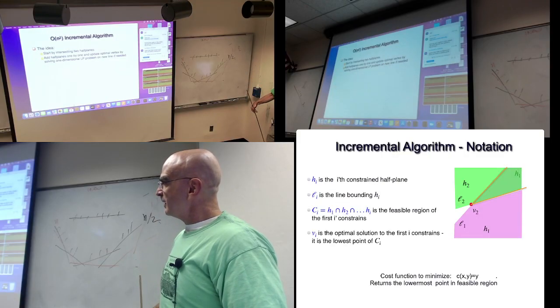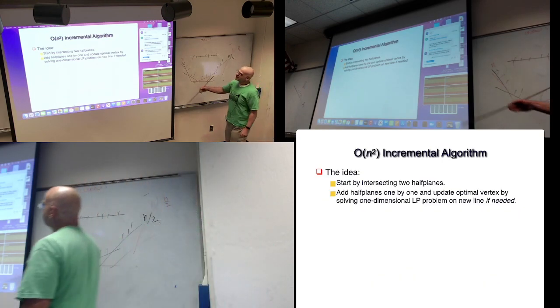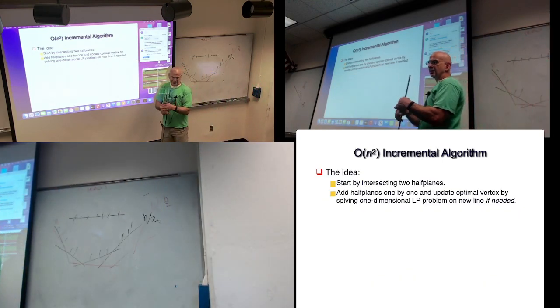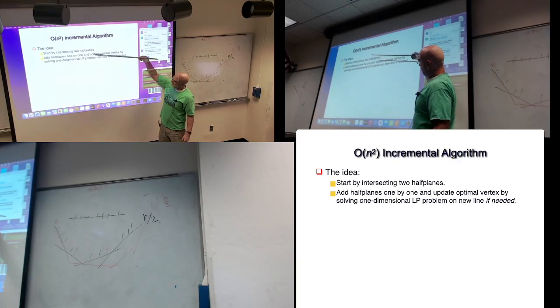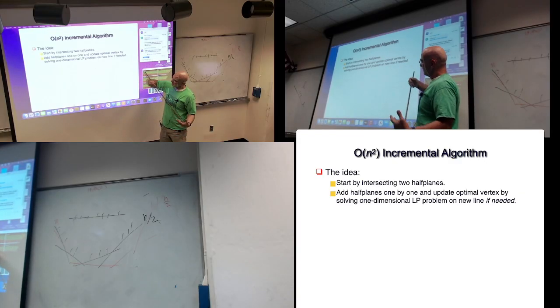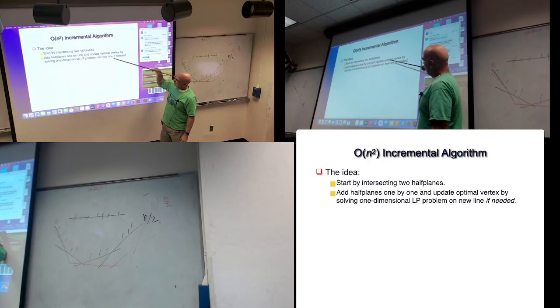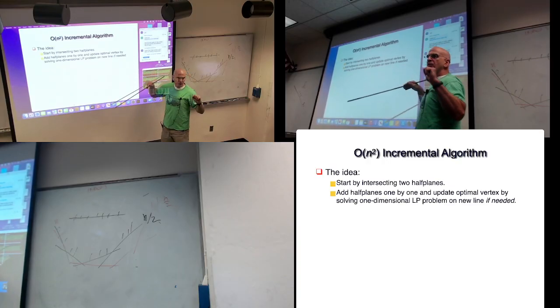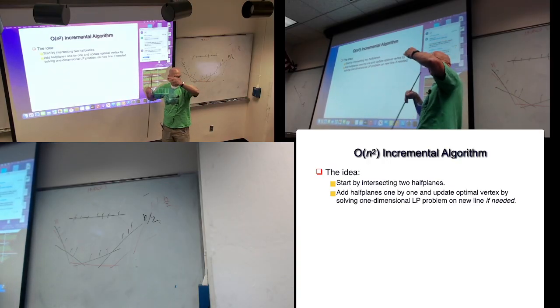I'll start when I have one intersection point, that is the intersection of 2 half planes, one optimization point. And now I'm going to add one half plane at a time. H2, H3, H4 will be added. And at each moment, I'm not going to keep the whole feasible region.